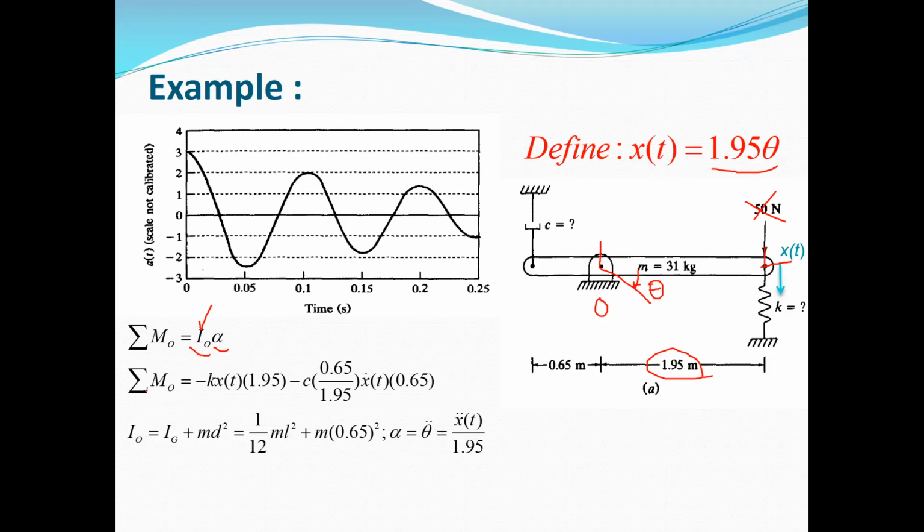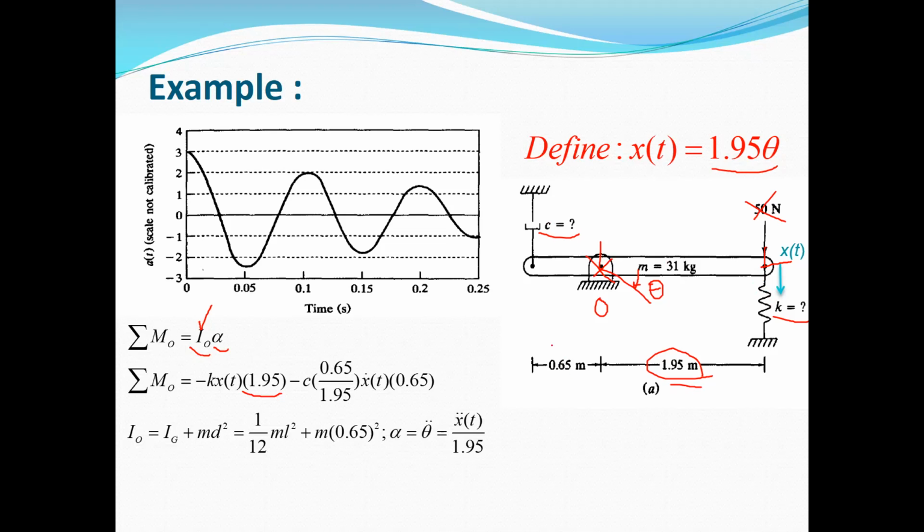So the moment equation about point O is only due to the force of the spring and the force due to this damper. The force due to the spring is equal to k times x multiplied by its arm, which is equal to 1.95, because you're calculating the moment about point O, and the distance between the force of the spring and point O is 1.95.